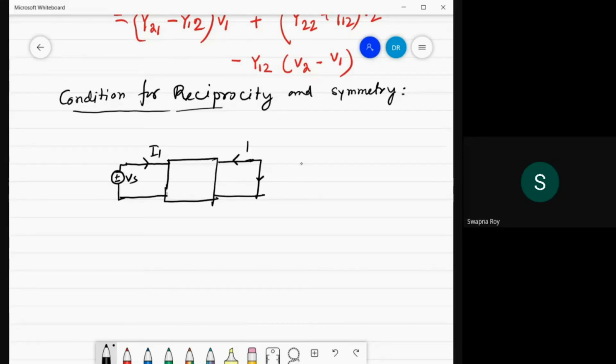So this I2 is equal to I2 dash. So Vs is applied in the input port.